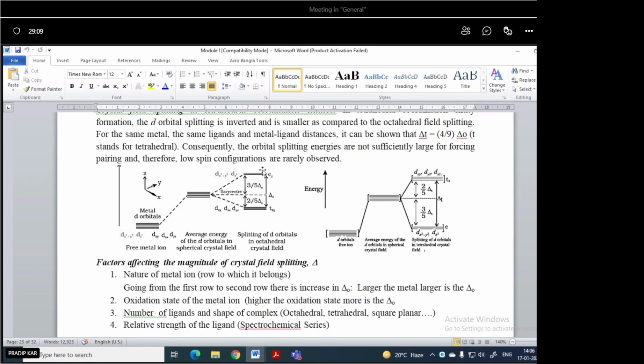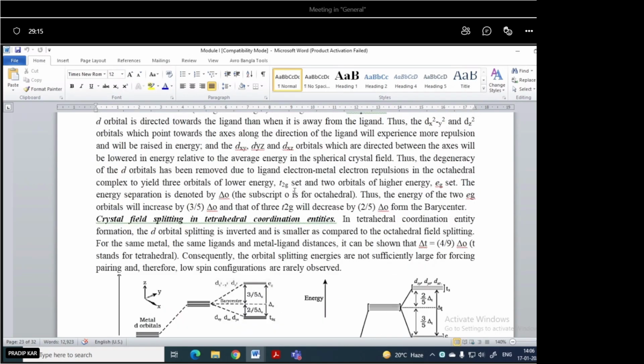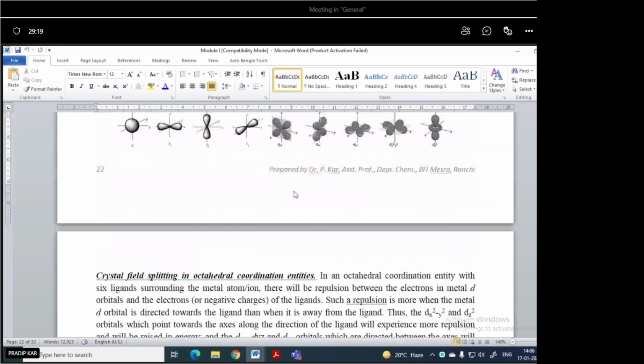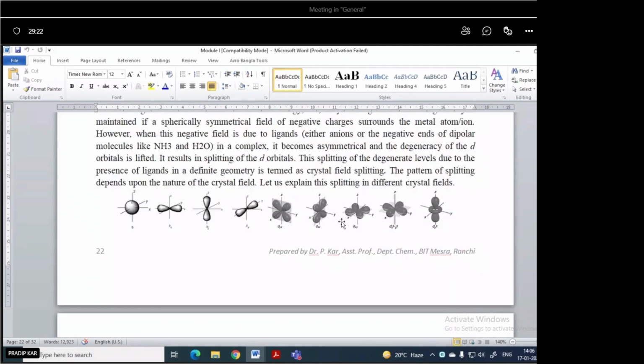Okay. Now, if we consider the same crystal field splitting in the tetrahedral field, in the case of tetrahedral d orbitals, the ligands are approaching from the corners of your room, meaning it is not approaching along the xyz axis.